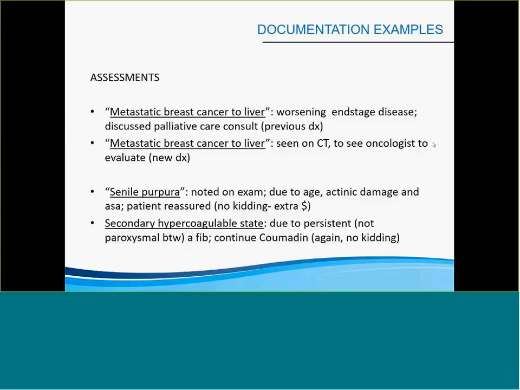I think most of the clinicians know very well that senile purpura is the most important diagnosis in the U.S. Turns out the RAF, the coefficient value for that is about 0.23, so it's worth about $700 per year. Noted on arms due to age, actinic damage, and aspirin, patient reassured. Again, just talked to dermatology, and they said actinic damage was the primary cause.